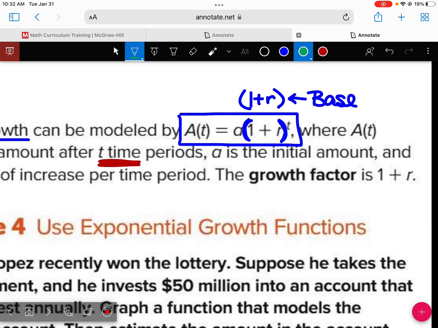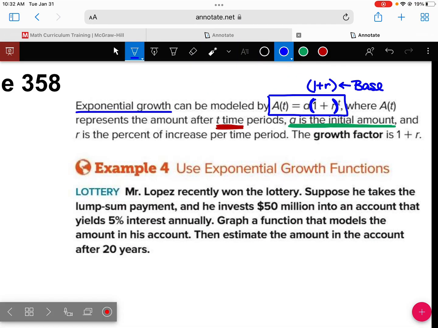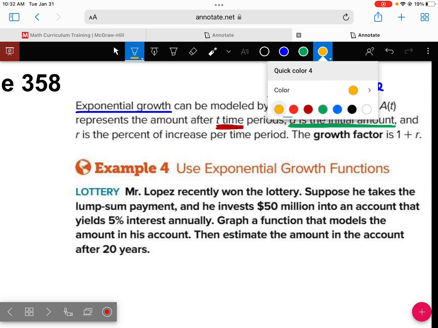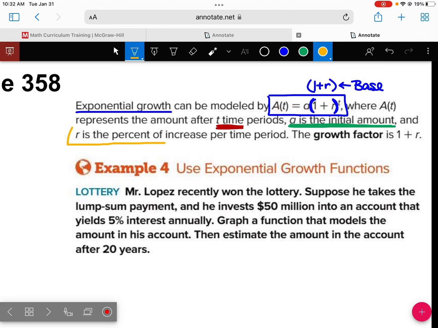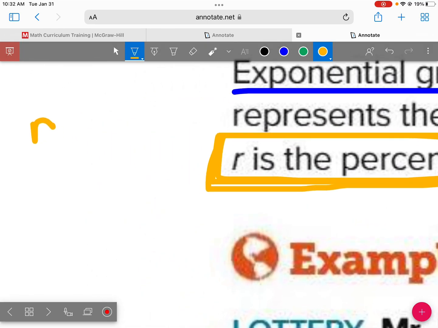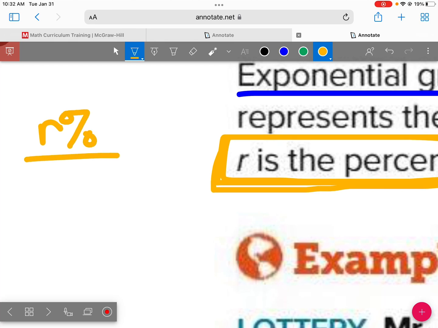A is going to be our initial amount, or our starting value. R is the percent of increase. So when they tell me R as a percent, I have to divide that by 100% to get just R. When they tell me R as a percentage, I have to divide it by 100% so that my percents cancel out.